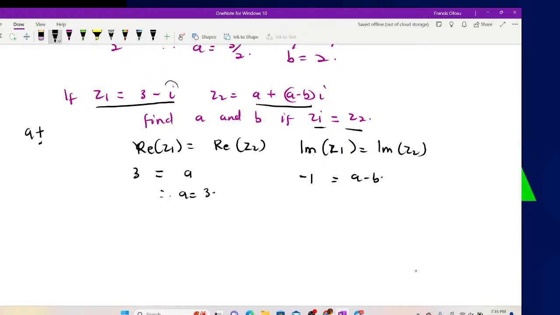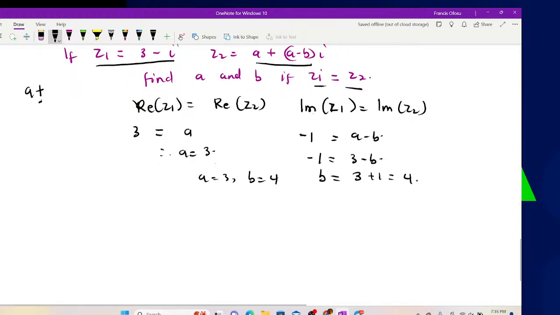And now we can find the value of b since we know the value of a. So -1 will be equal to 3 minus b. Then I'll bring b here, I'll bring -1 here. So b will simply be equal to 3 plus 1, which is equal to 4. So a equals 3, b equals 4 from equality of complex numbers.